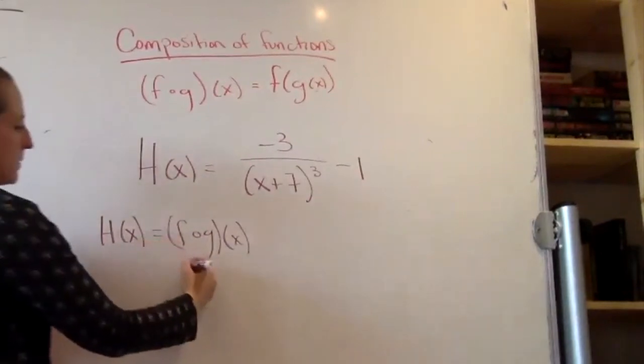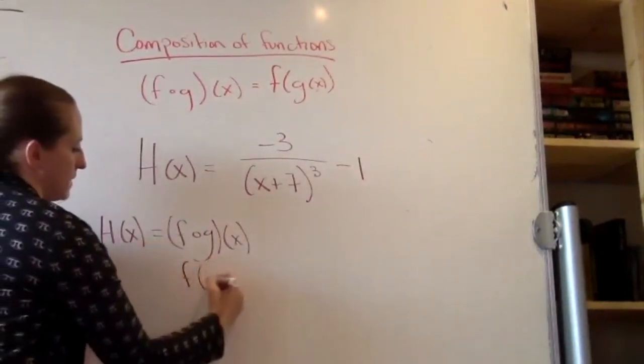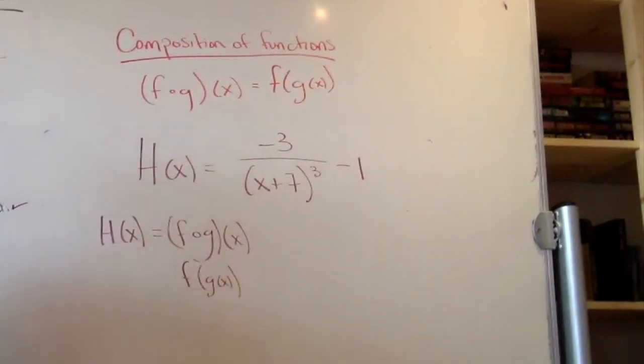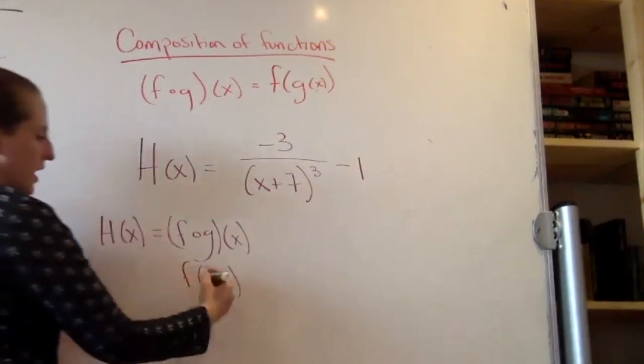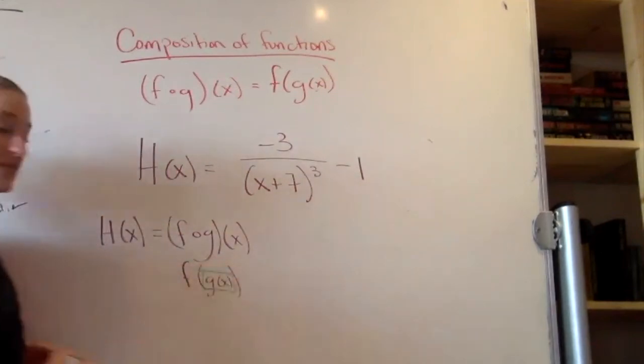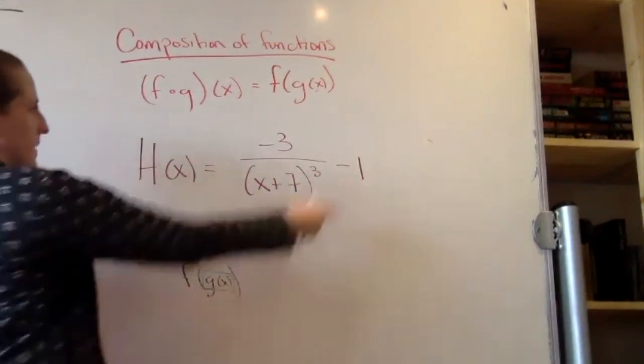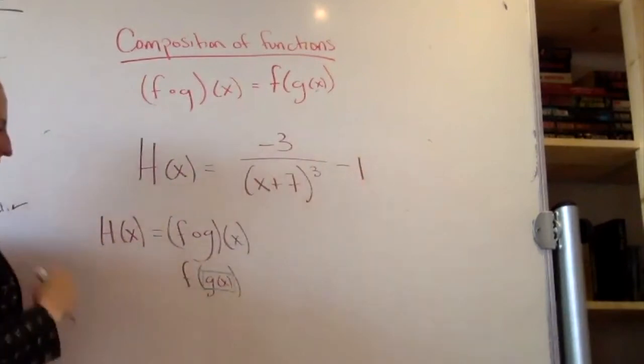Remember what this means. This says f is my outside function, g is my inside function. One of the easiest ways to do this is to try and find an inside function. Now, here's the thing with composition. There's more than one correct answer.